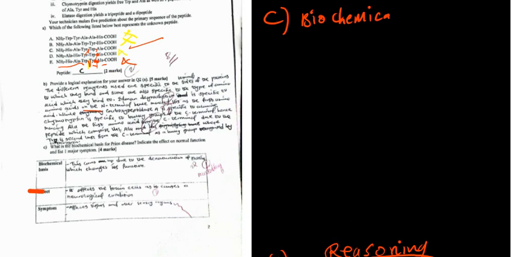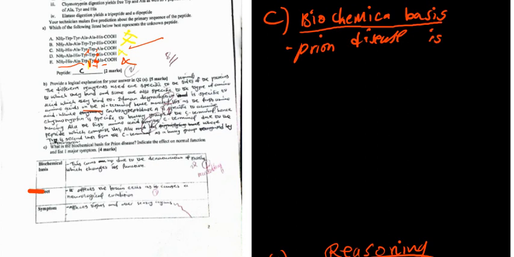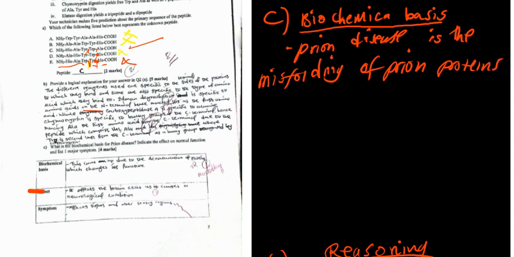What's the biochemical basis of prion disease? It is misfolding of prion proteins into a form which forms aggregates.